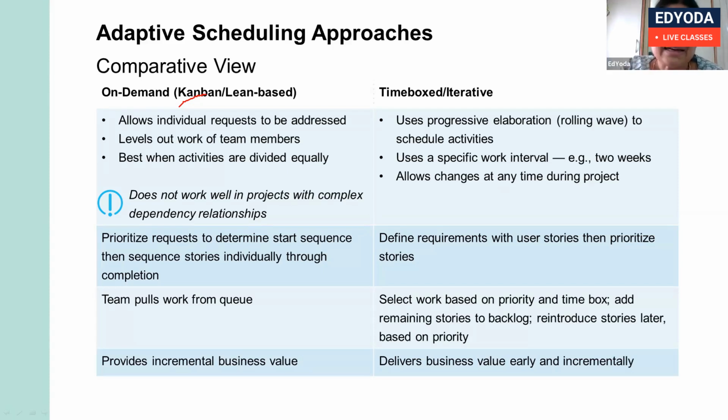But remember, in network scheduling in the predictive environment, they have to do everything upfront. Here, on demand again levels out work of team members best when activities are divided equally. It does not work well in projects with complex dependency relationships.